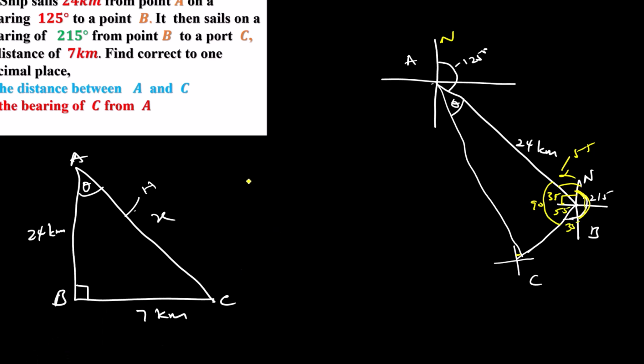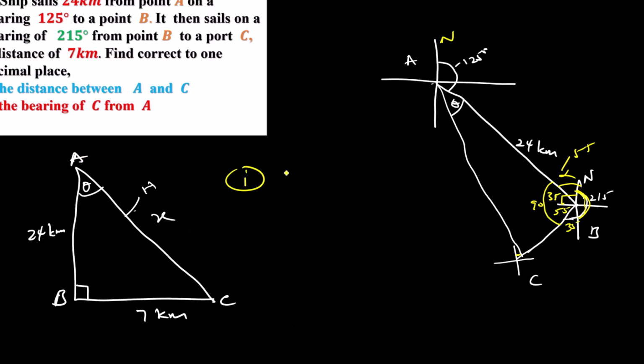So the distance between A and C: we can apply Pythagoras theorem, which says the square of the longest side is equal to the sum of the squares of the other two sides.